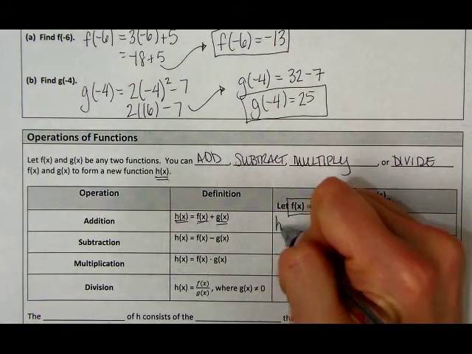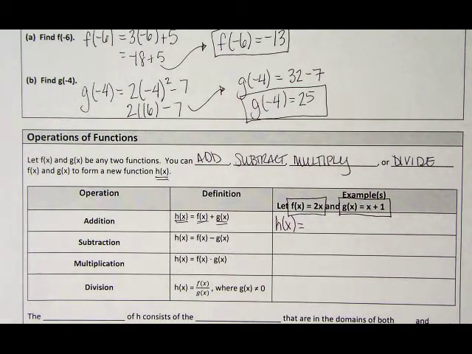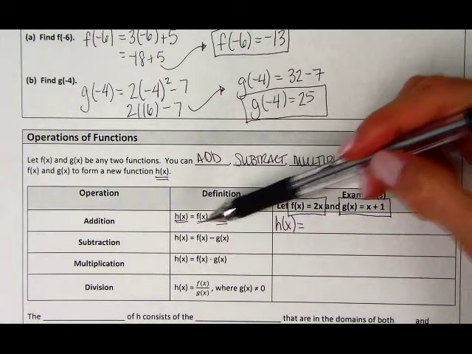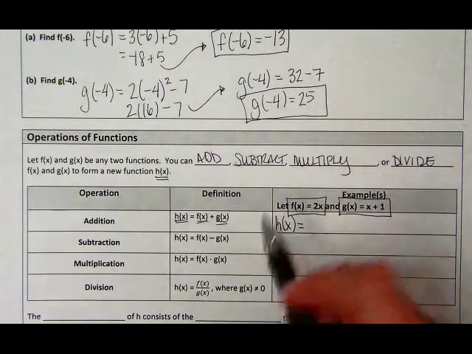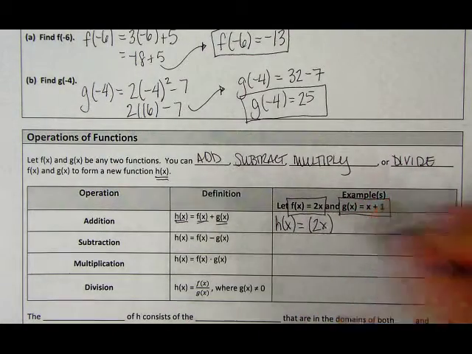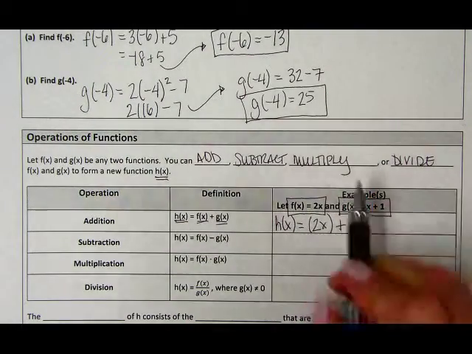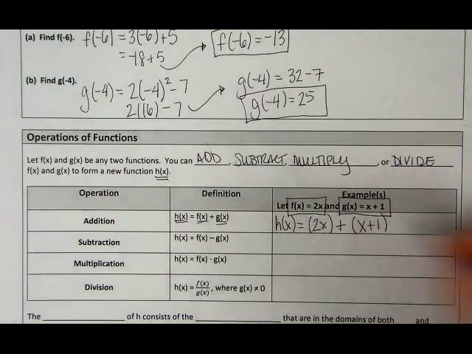So my new function h of x is equal to, and it's a good thing when you plug in your function to put parentheses around the entire thing, just so that you know what that entire function is. So where I would have f of x, I'm going to plug in 2x plus, in parentheses, my whole g of x, which is x plus 1.